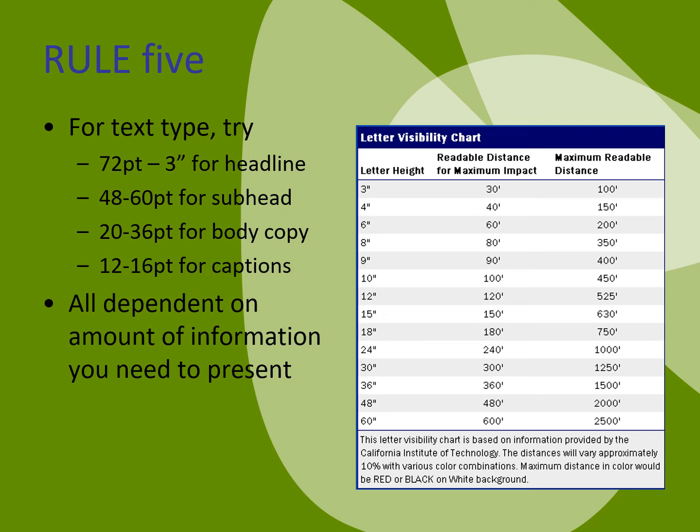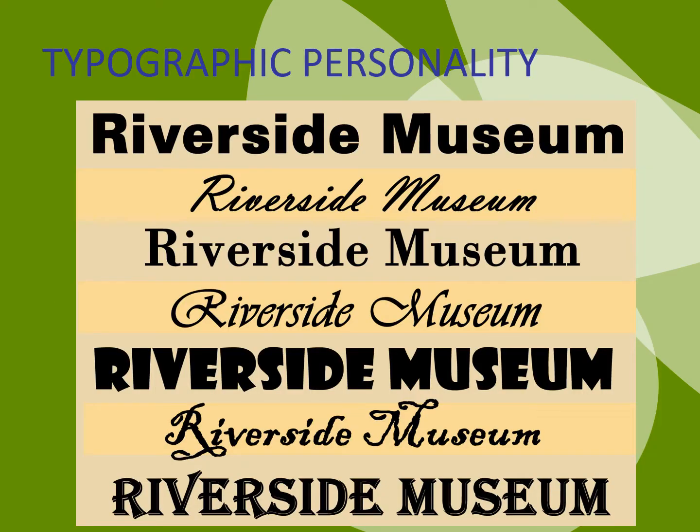And then our regular font that's a small detail is usually 12 to 16. I could say you could go down to 11. Once you get below 11, it becomes really difficult for a lot of people to read. So I wouldn't go smaller than 11 point font. And all of this is dependent on how much and what type of information that you need to include in your informational display.